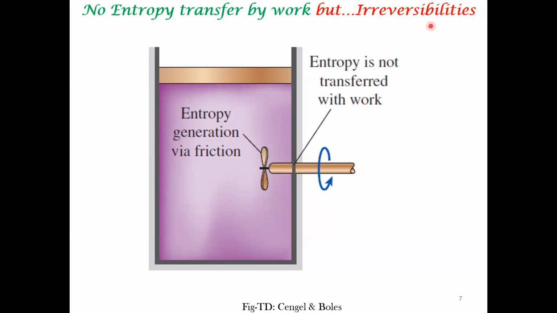Okay, so that's where the irreversibility comes in. All right. So when you do some shaft work, the shaft generates heat, and that can generate entropy. Okay, but we don't really say work transfer results in entropy changes.